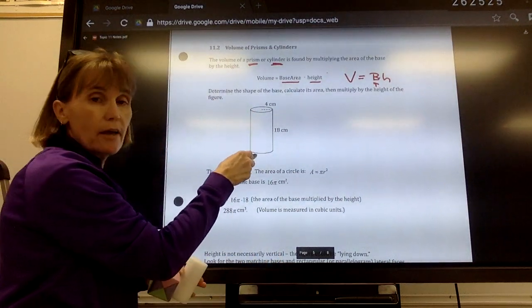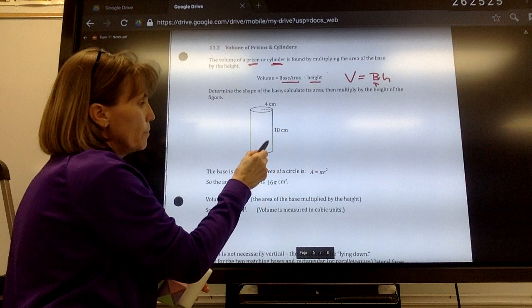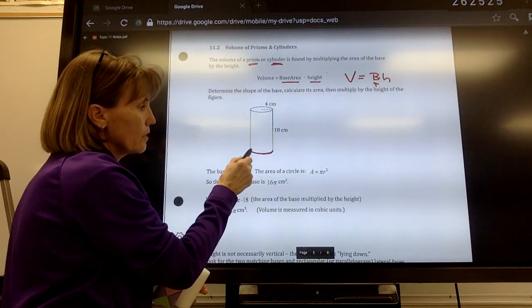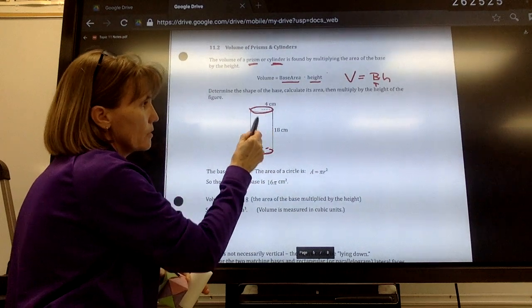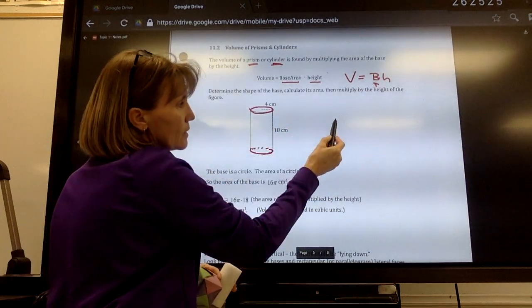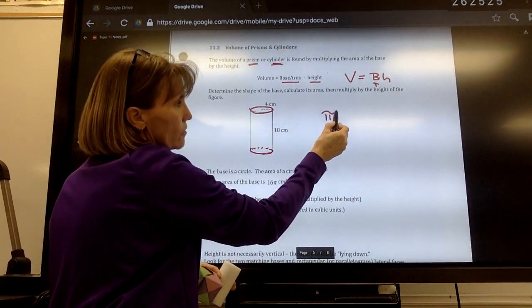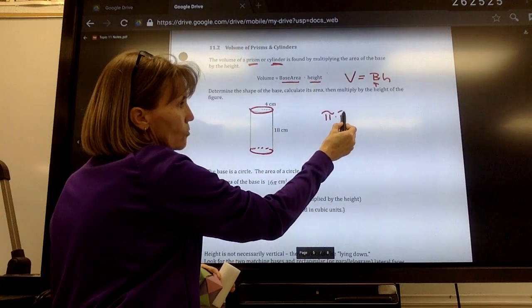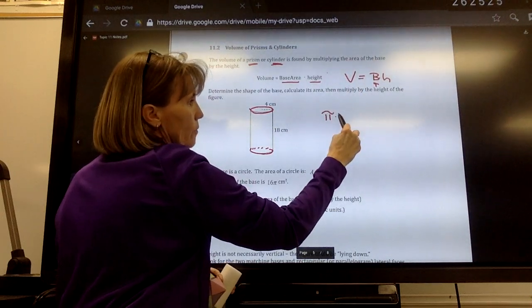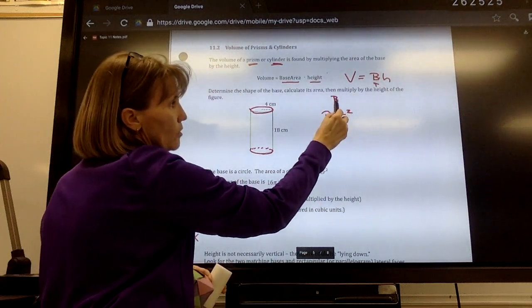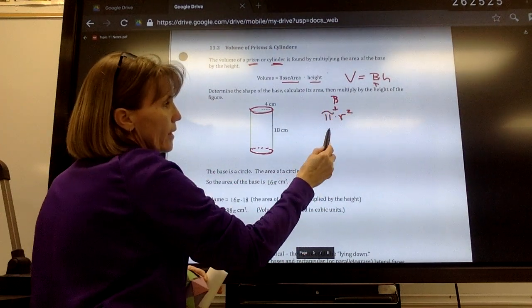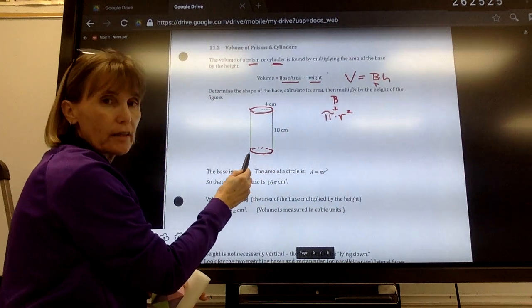So in this case, this is a cylinder. So the base of it down here that it's sitting on is going to be a circle just like this top is. So the area of the base, since it's circular, area of a circle is pi times radius squared. Okay, this is what I would be using to find my capital B because it's a circle that the base is.